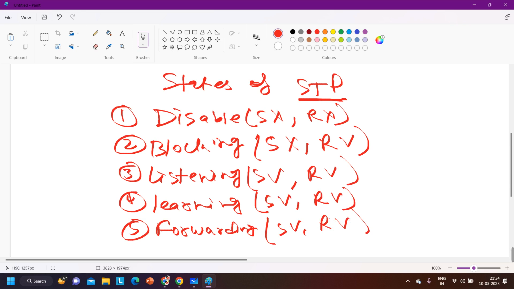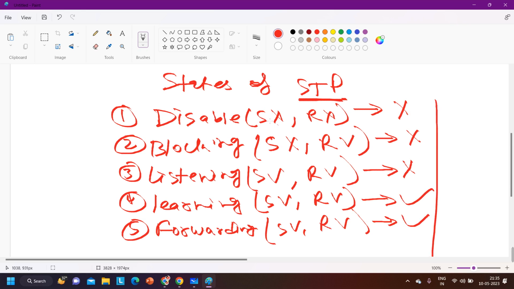Let me discuss MAC address learning, because this is a function of the switch. A switch learns source MAC addresses, but on a disabled port it does not learn any MAC address. On a blocking interface also it does not learn, and in listening state also it does not learn, but in learning state the switch can start learning MAC addresses, and in forwarding state also it can learn.